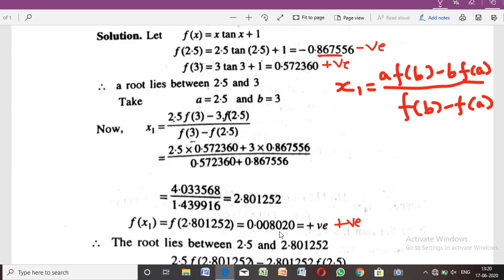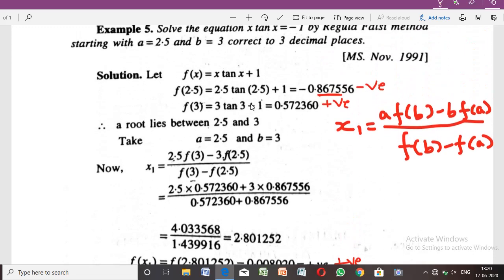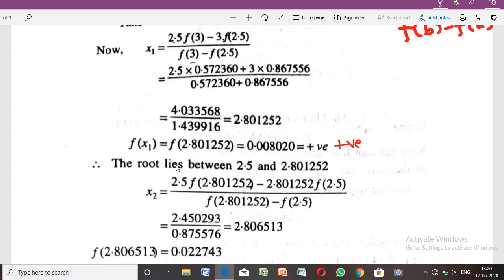Comparing, here is 2.80 and here is 2.5; this one is negative and this one is positive, so the root lies between 2.5 and 2.801252. So, the same method as usual.